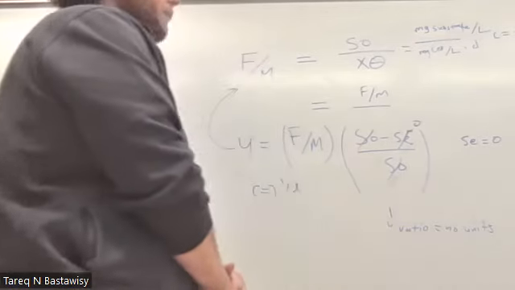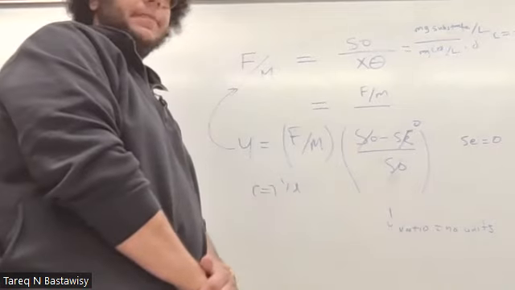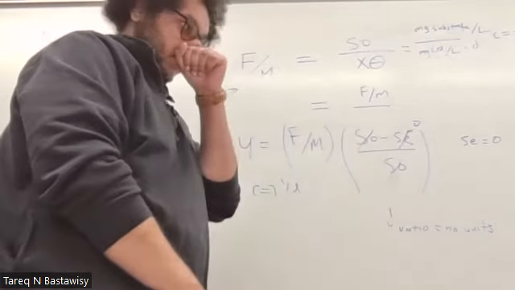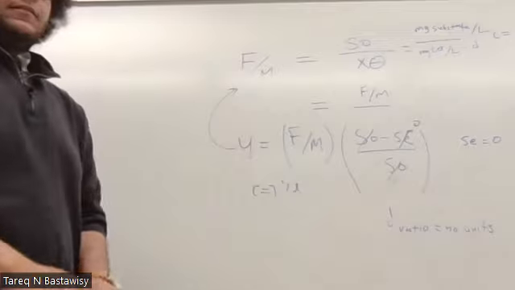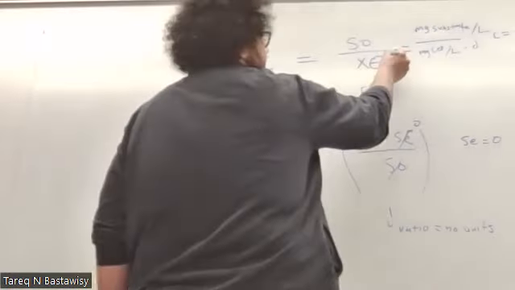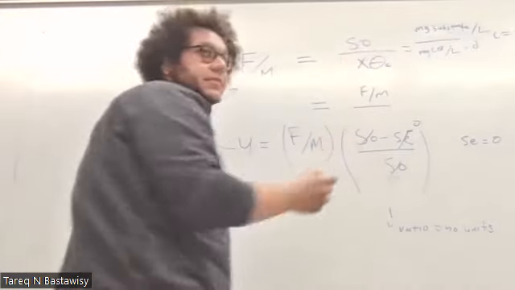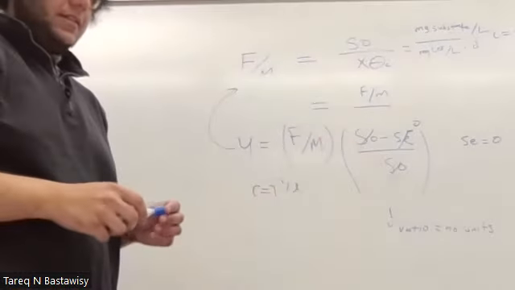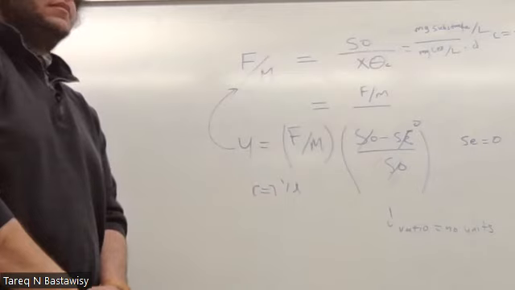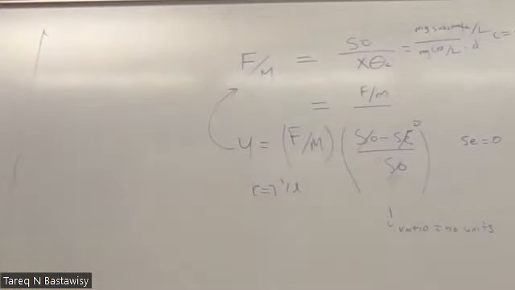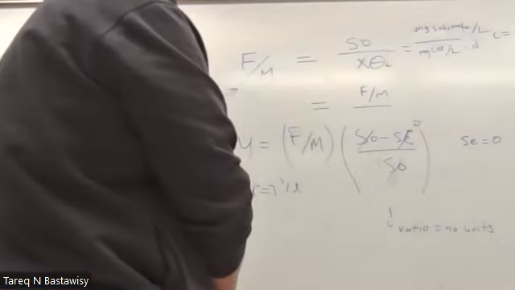Is the F over M, I know in this example theta and theta C are the same, but if they were not the same, would that be theta C? Yeah, because this is relating to the biomass. So they're inversely related, theta C and F over M.